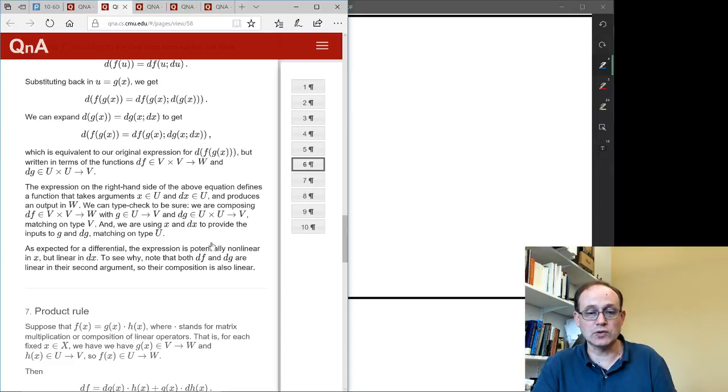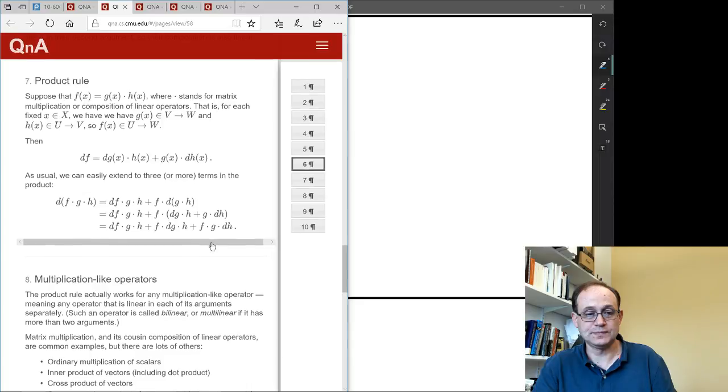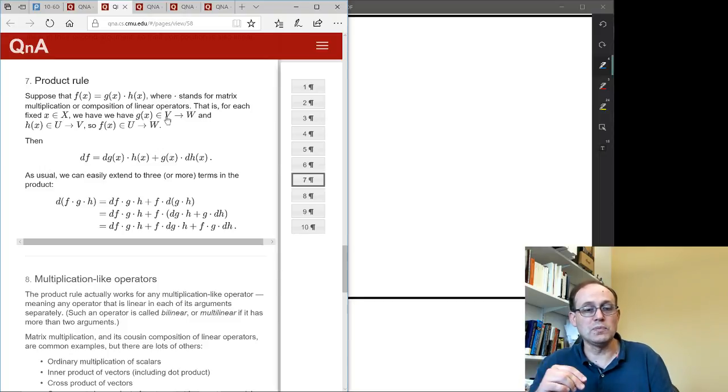The last one is the product rule, and then we'll see some examples. First, let's do the version of the product rule for matrix multiplication. If f of x is g of x times h of x, and here times is just matrix multiplication, then the product rule is that df is equal to dg times h plus g times dh.